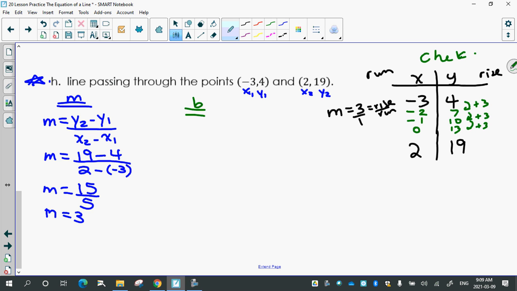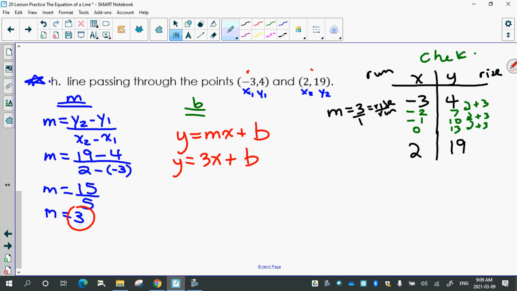I want you to know in your heart that the equation of any line has this format, y equals mx plus b. We know m, we just found it out. So now we know the equation of our line is this. We also know that this point, either point, we can use either point.